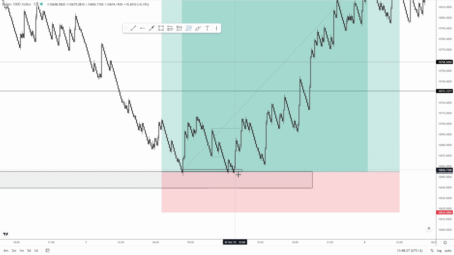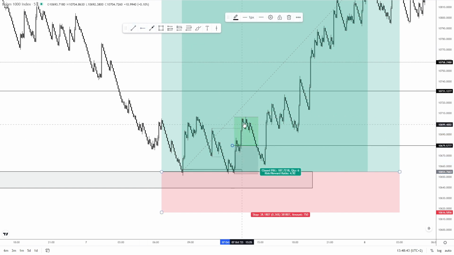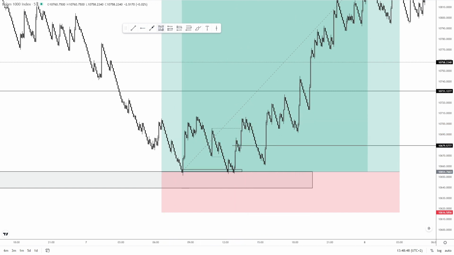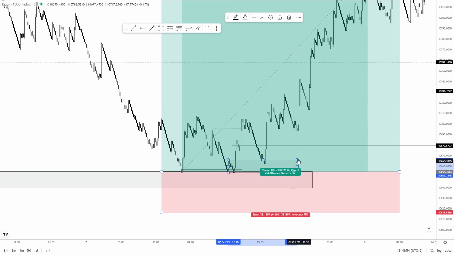I want to enter literally below the 50%. Let's mark that out. There's the 50%. And let's mark out the order block. Enter from the order block.